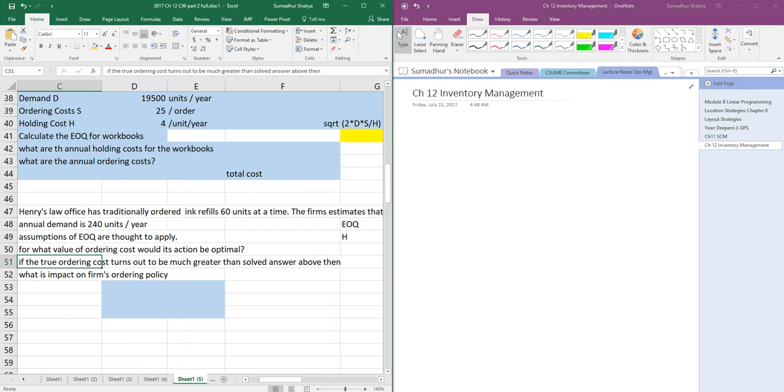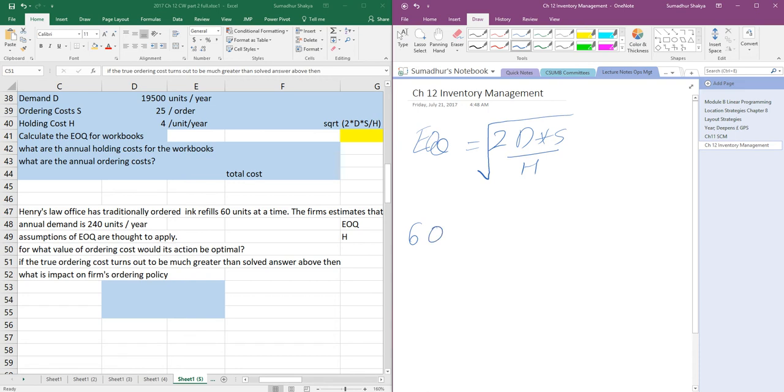Okay, so let's see what all things we are given. EOQ is the square root of 2 times D times S divided by H. In this case we are given 60 as the EOQ.